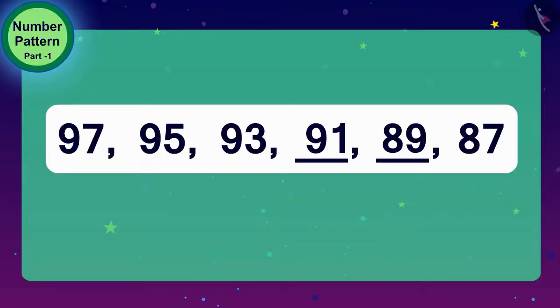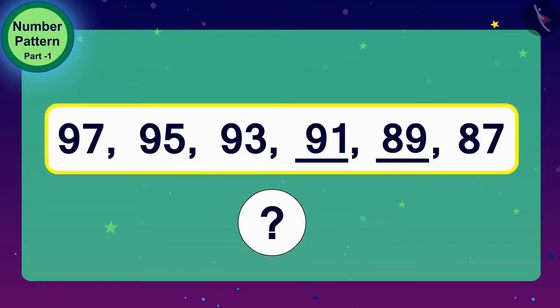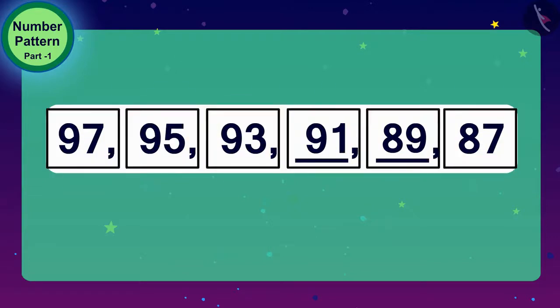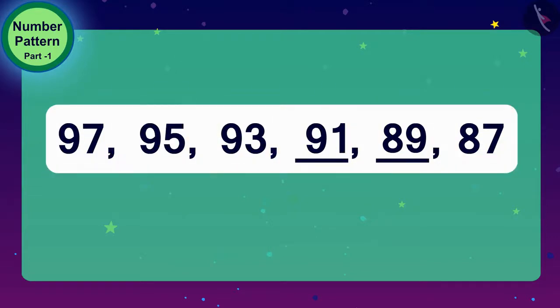Children, do you see something special in this pattern, like the pattern of even numbers? All numbers in this pattern have digits of 1, 3, 5, 7 or 9 in the unit place.